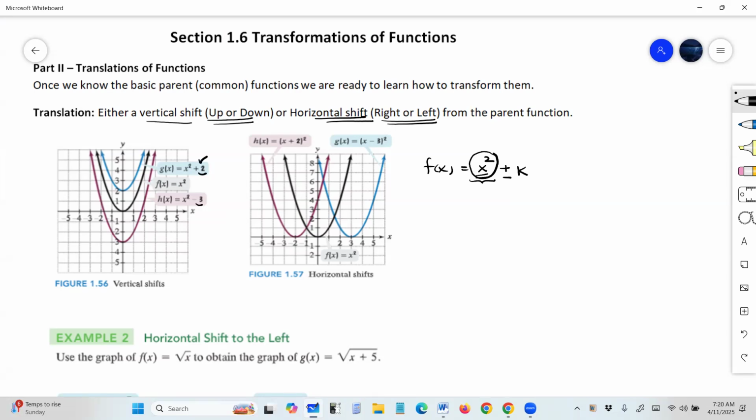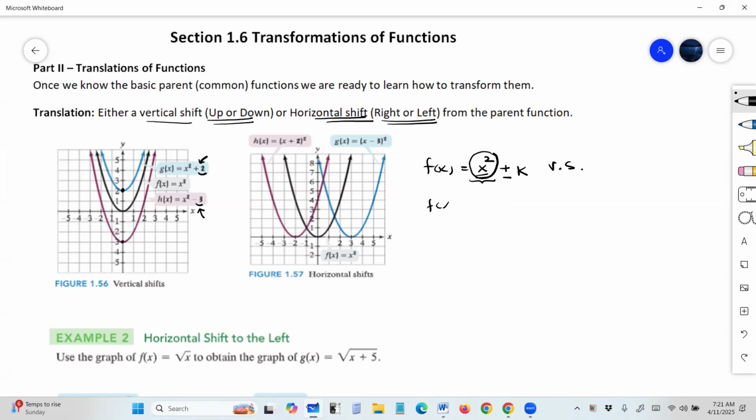If the number is positive, it's a shift up. If the number is negative, it's a shift down. The graph of the shift up is the blue, and the graph of the shift down is this reddish color. So this is a vertical shift.